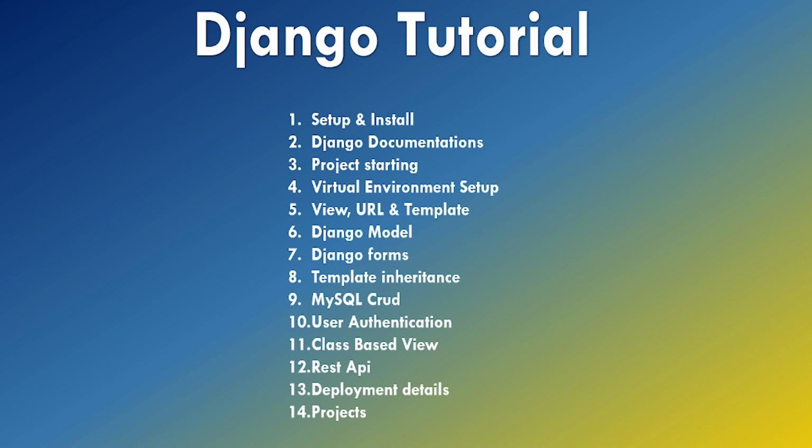Probably you can deploy your project on GitHub or a free server, or you can buy a domain and hosting and host your project there. And finally, I will show you one project, like an e-commerce project, that will help you understand the whole scenario of Django.